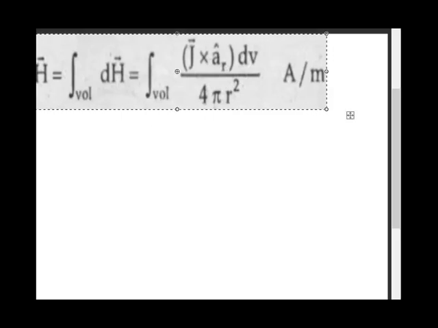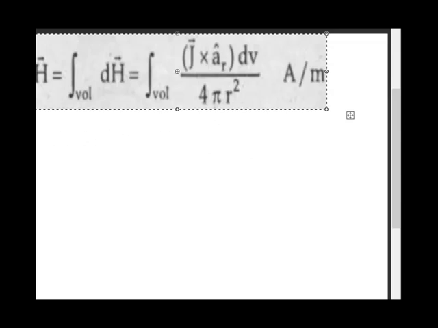This is the Biot-Savart law. It explains the magnetic field that is produced due to a current carrying filament. The second case is a current carrying surface. The third is a current carrying volume. So the Biot-Savart law, we have completed that topic.